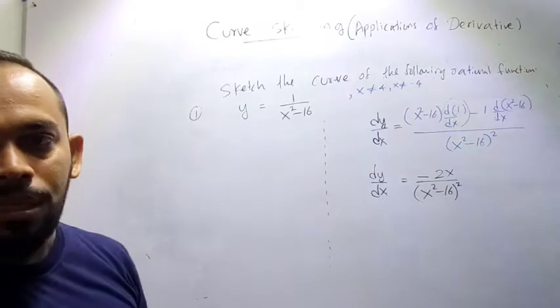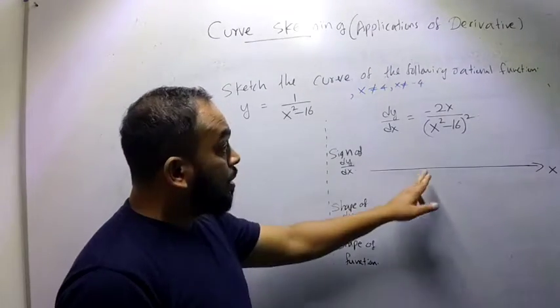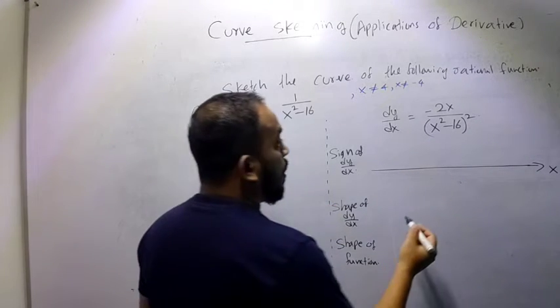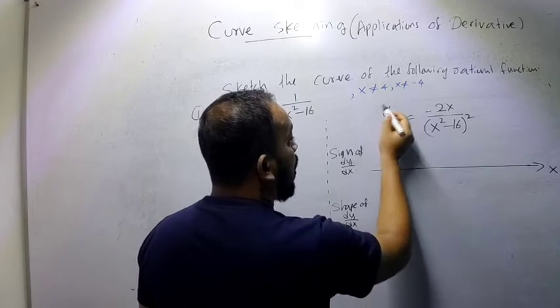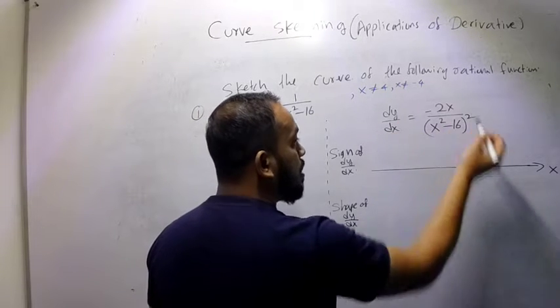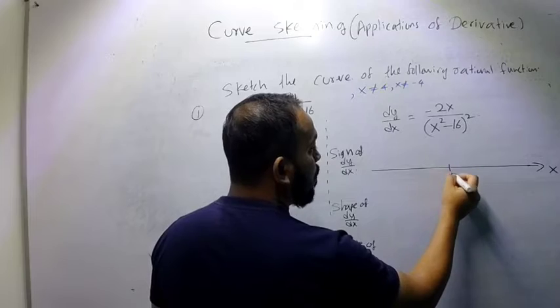So let's put the critical values on the x axis here. So what are the critical inputs? Where dy by dx is 0, dy by dx can be 0 when x is equal to 0. So put x equals 0 there.